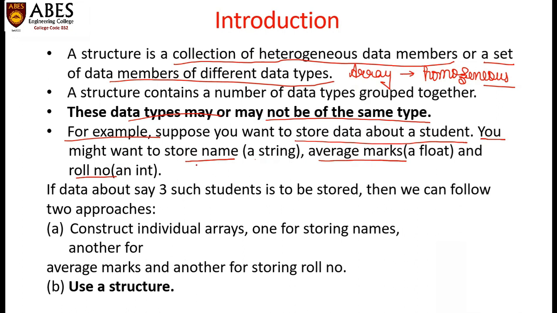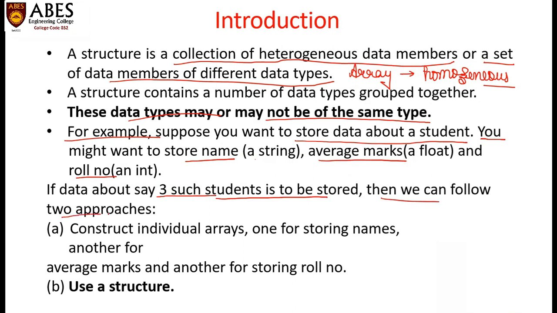So a structure is a collection of heterogeneous data members in which it can hold a string or a character data type, or a float, or an int data type. A string is basically a sequence of characters, held as an array.